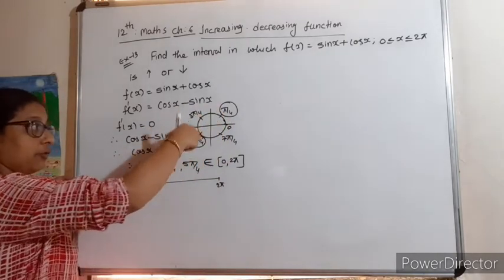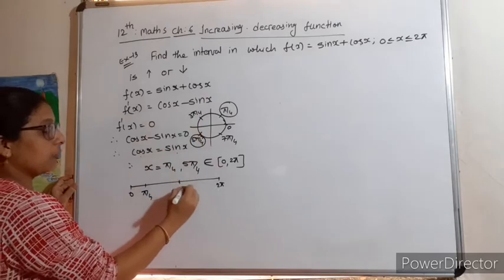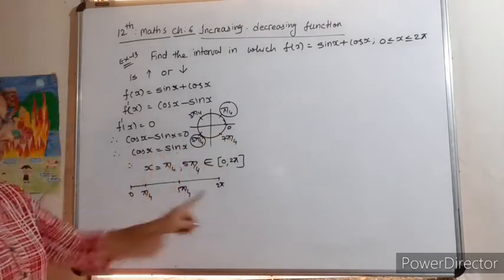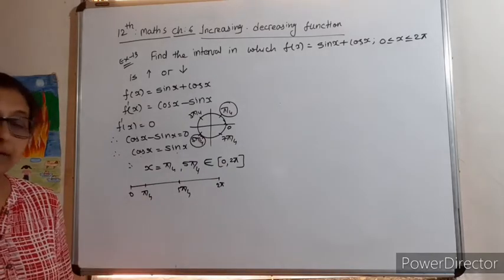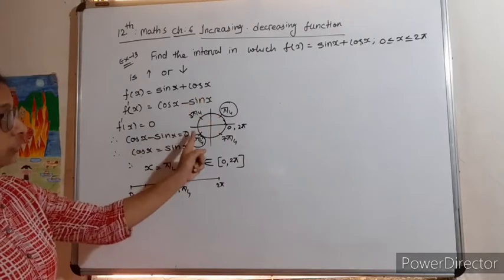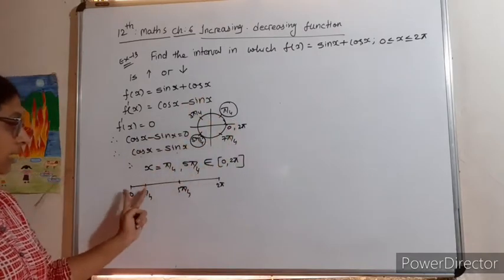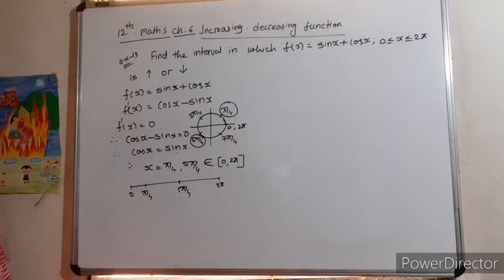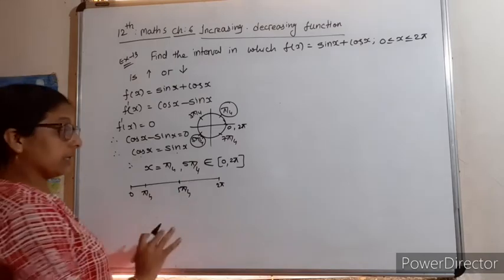Then pi by 4 to 5 pi by 4 is the second interval. And 5 pi by 4 to 2 pi, that is the third interval. 2 pi is also here. So 1, 2 and 3 intervals are there. Understand or not? Yes. So this is divided into 3 intervals.